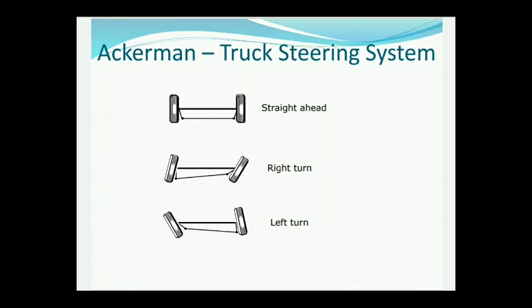As you can see, there are three cases. When you run the vehicle on the road in a straight manner, the angles of inclination of the tire are shown in the first figure. When you take a right turn, the position of the tire is shown in the second figure.